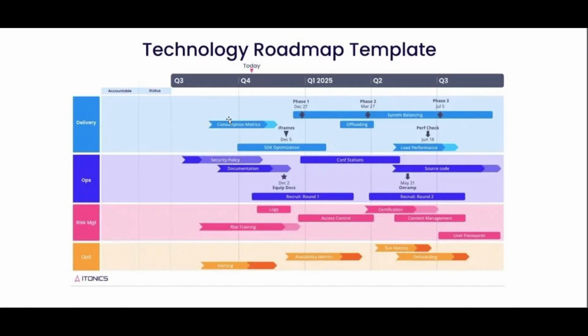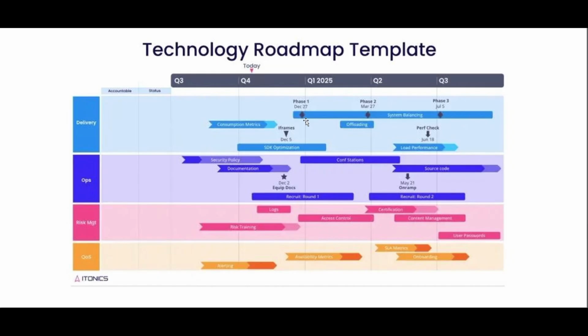So if you see under this functionality or this area, this particular feature took this much long time, and this down arrow means it depends upon the SDK optimization. Okay. So that is what it means. And this diamond shape is always a decision making.